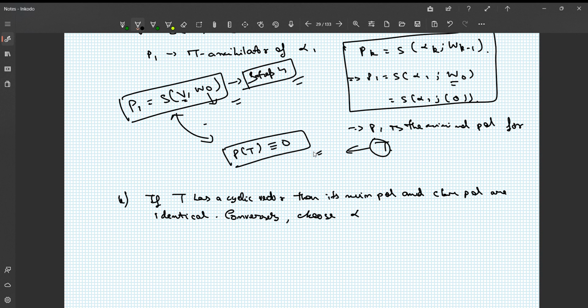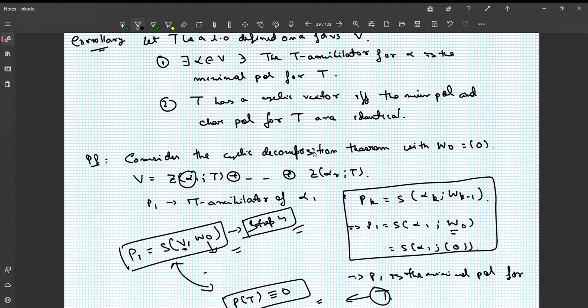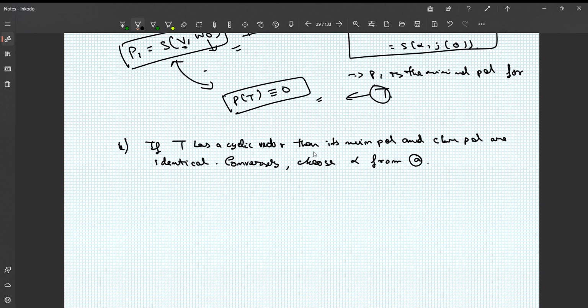Choose the vector alpha. From the cyclic decomposition theorem, we chose this vector alpha 1. We showed that the T annihilator of alpha 1 is indeed the minimal polynomial for T. So there exists a vector alpha such that the T annihilator for alpha is the minimal polynomial for T, and we choose such an alpha.